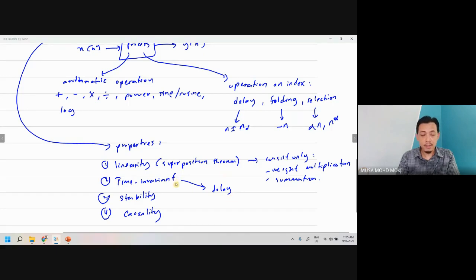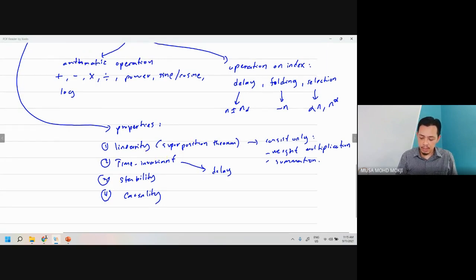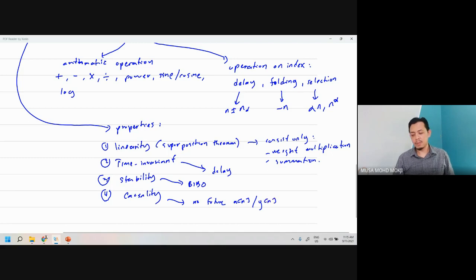Other than that, the system will be time invariant or not, and the system will be not linear. And then we have checked also stability. What is stability? We are checking bounded input, bounded output. Causality, no future of input or output. These are what we have covered so far.